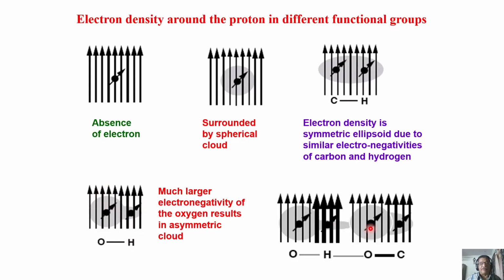Okay, we'll go one more step further. For the OH, we'll add another bond, O double bond C, join this with OH. It's some hypothetical molecule. Don't worry whether it is a practically feasible molecule or not. Let us look at this type of bond. The charge density of OH we knew. Now this O and carbon is different compared to proton.